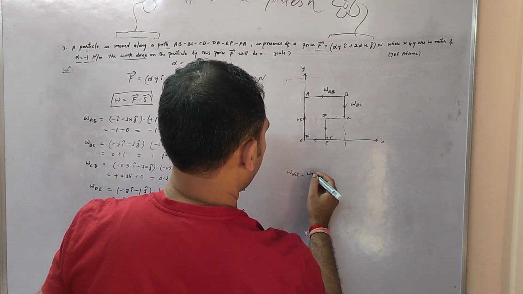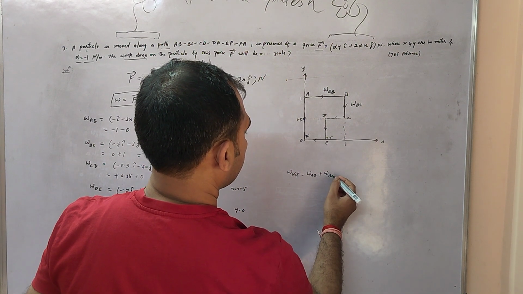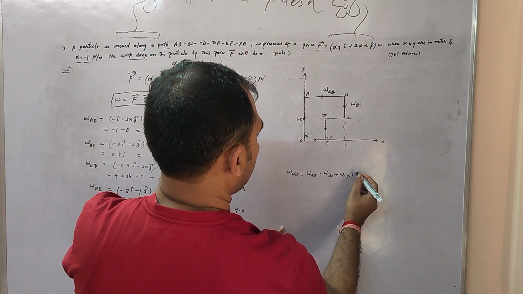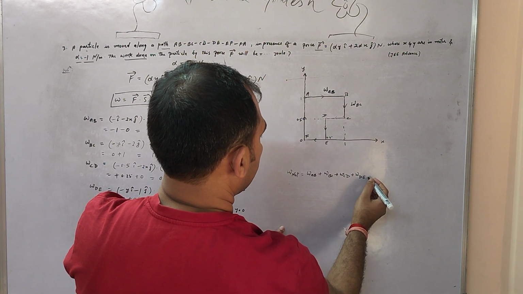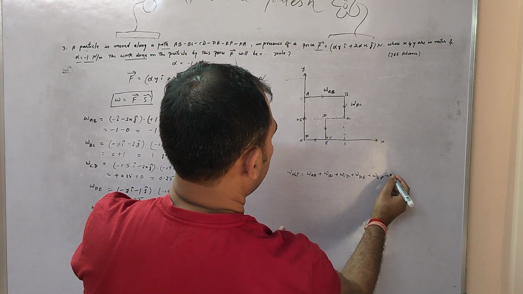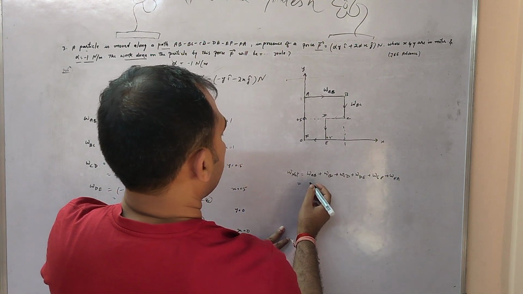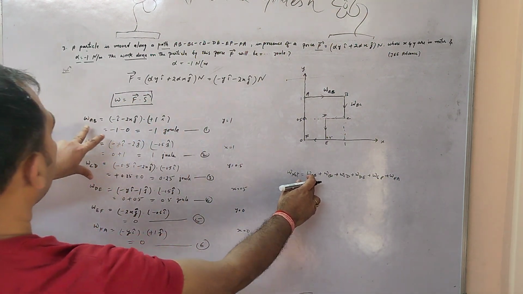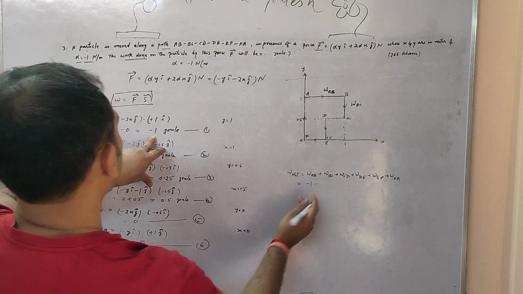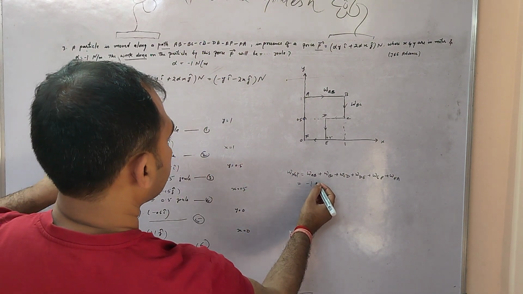That will be W from A to B plus W B to C, W C to D, W D to E, W E to F, and finally W F to A. So WAB, that is equation number 1, minus 1. WBC, equation number 2, plus 1.